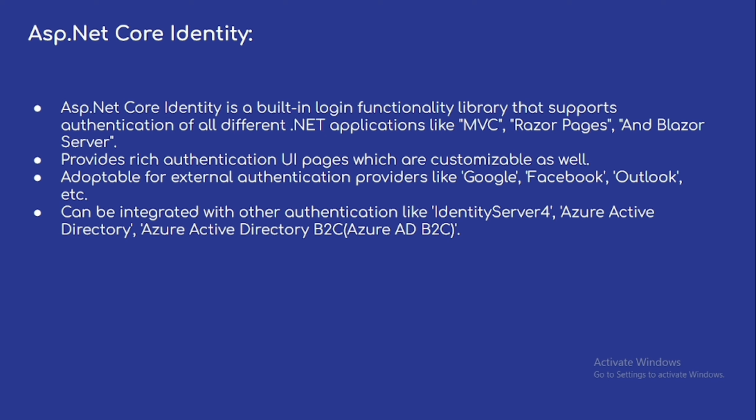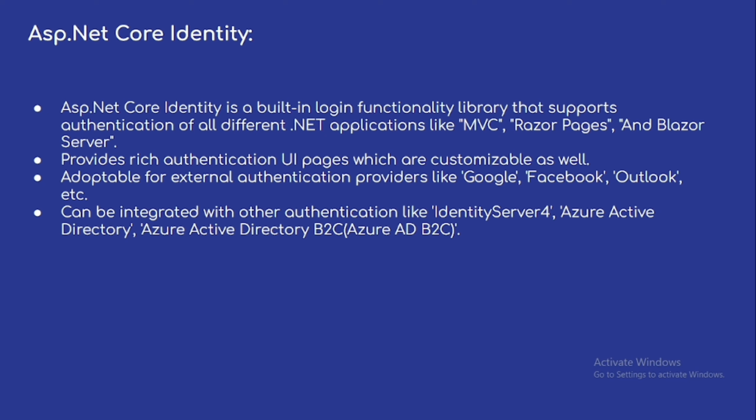Means by default, we will have all the pages like registration, login, forgot password, all authentication related pages are by default available through ASP.NET Core Identity. And if we want to customize them, we can do it.